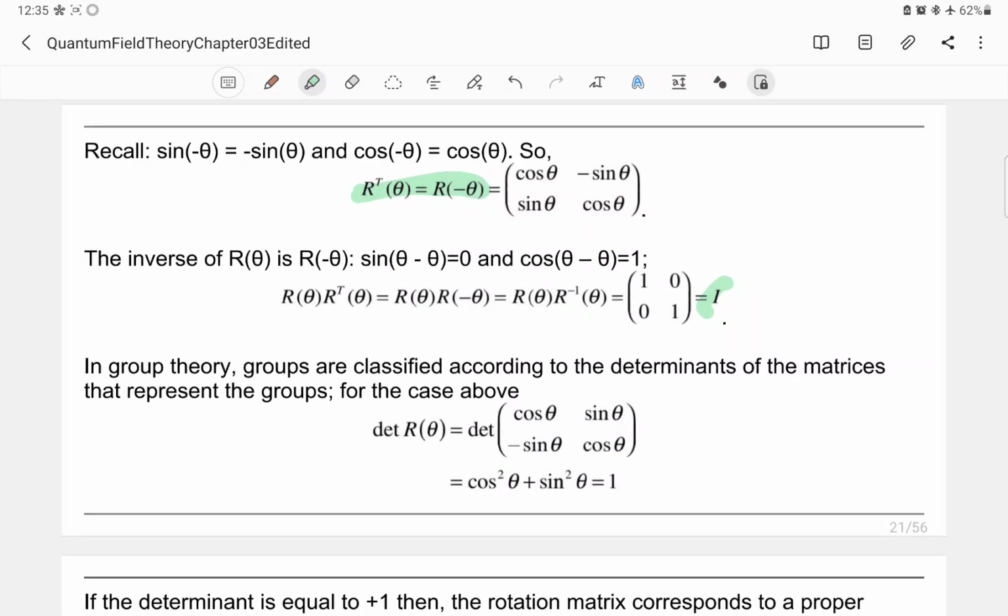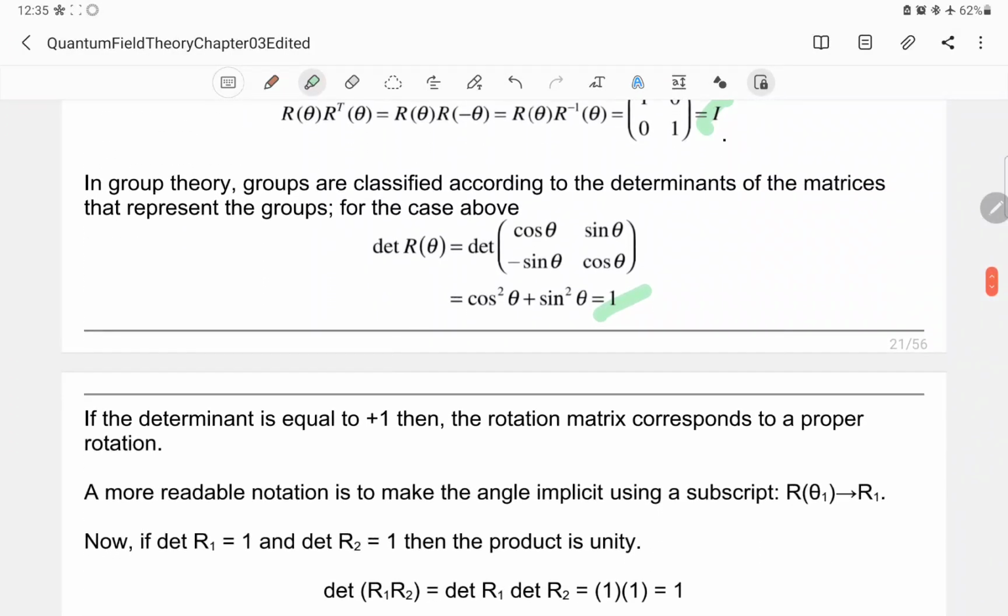In group theory, groups are classified according to the determinants of the matrices that represent the group. For this particular case that we're studying, the determinant of r theta is equal to 1.